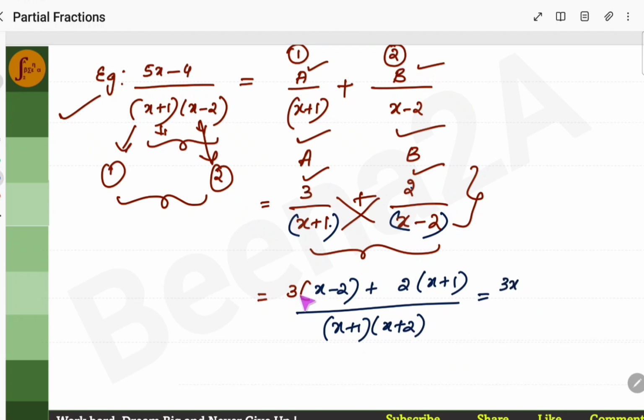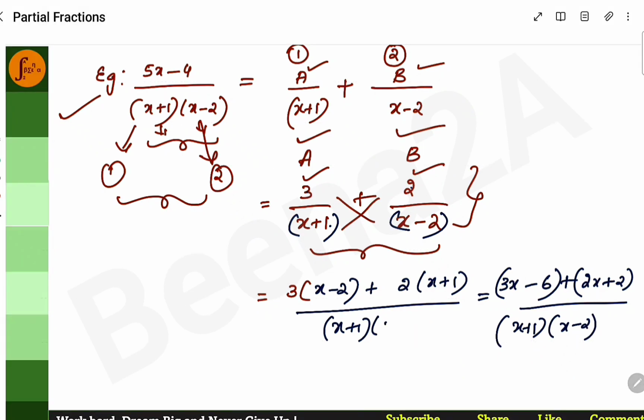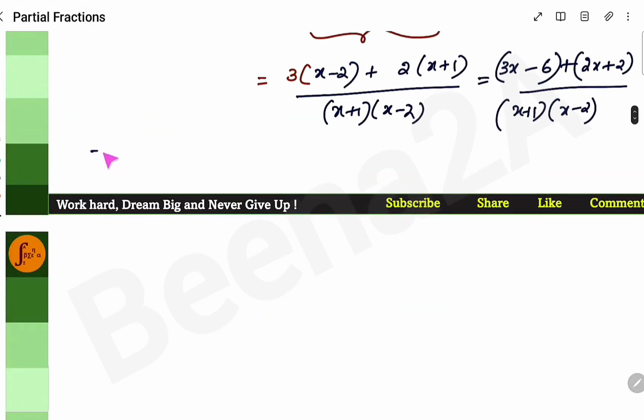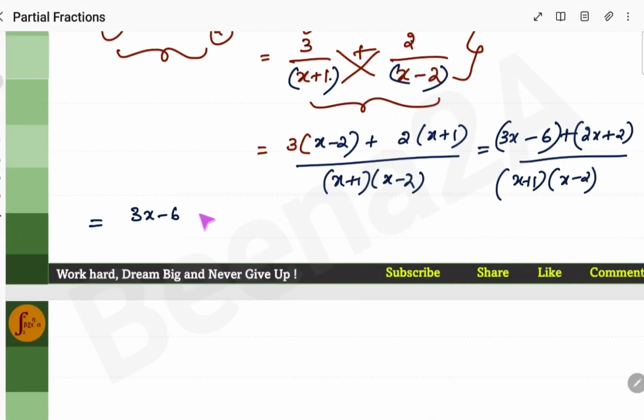I'll get 3x, 3 into x and 3 into 2, minus 6, plus, now I'll multiply, 2 into x is 2x, 2 into 1 is 2, divided by x plus 1 into x minus 2. So when I simplify, what do I get? 3x minus 6 plus 2x plus 2 by x plus 1 into x minus 2. Now I can add minus 6 with 2 and 3x with 2x. 3x plus 2x is 5x. Minus 6 plus 2 is minus 4 by the denominator.